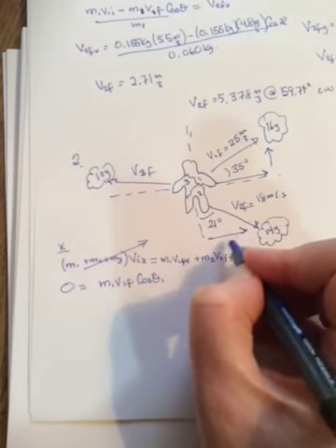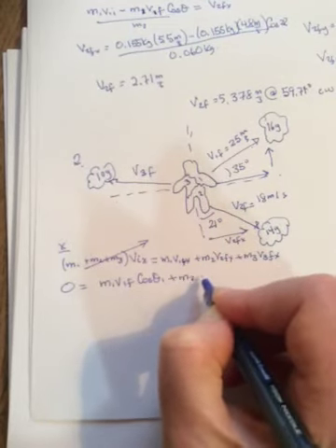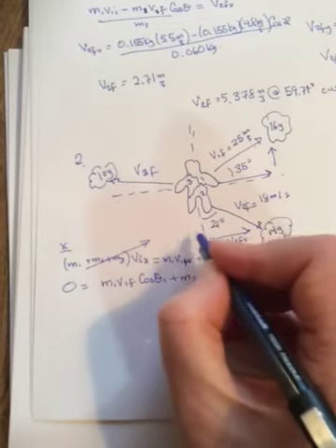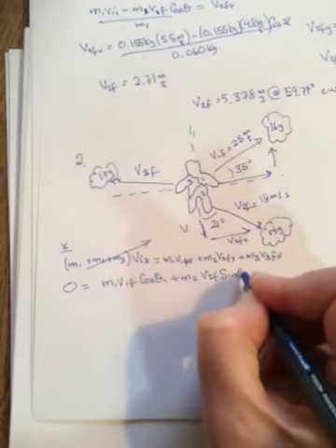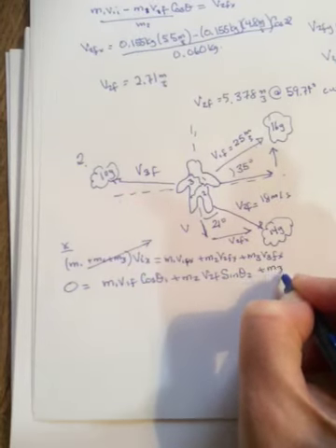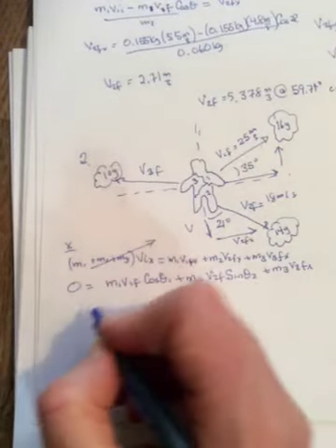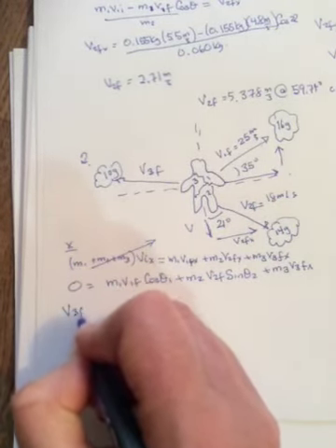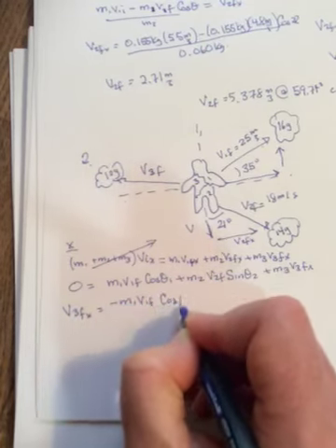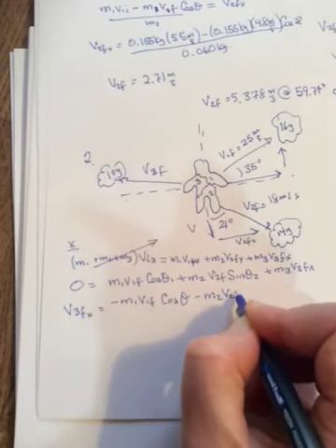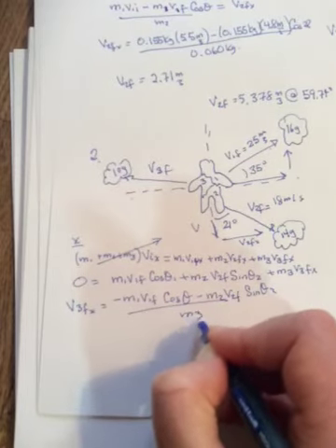Your piece 2 is also positive in the x, so m2 v2f, but look where it is. It's going to be sine theta 2. Plus m3 v3fx, which should work out to be negative because it's definitely going in the other way. So rearranging, v3fx will equal negative m1 v1f cos theta 1 minus m2 v2f sine theta 2, divided by m3.